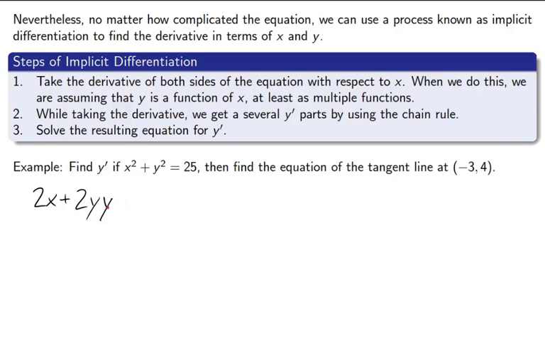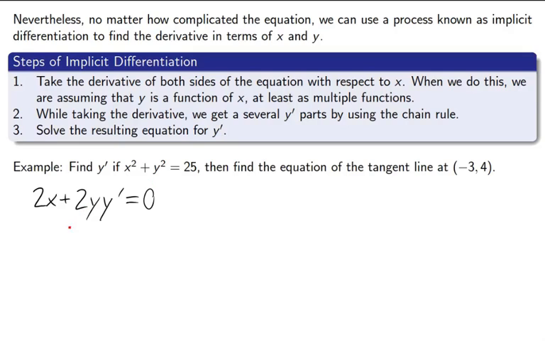And then I would multiply by the derivative of the inside. Think of y as an inside function. You use the chain rule in that you say 2y, but then you multiply by the derivative of the inside and get the y prime. The derivative of 25, because we're taking the derivative of the whole thing, is 0. That probably looked a little bit complicated, but we have more examples.